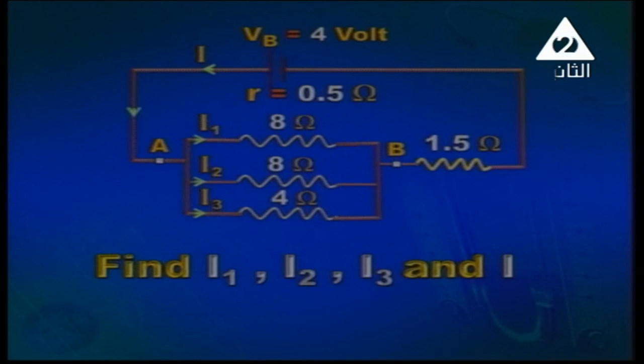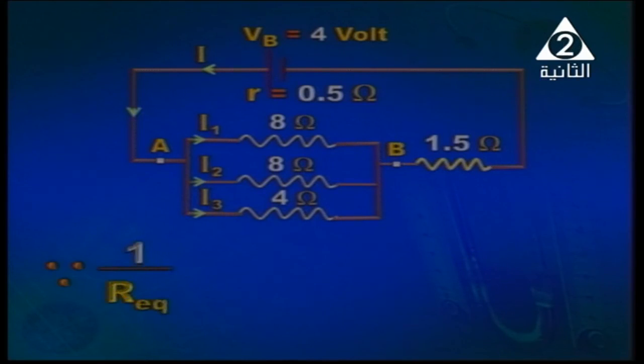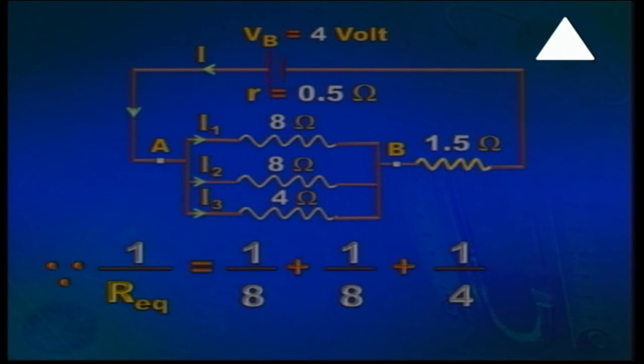So the first step here is to calculate the total resistance. First of all, we'll calculate R equivalent of the parallel group. 1 over R equivalent is 1 over 8 plus 1 over 8 plus 1 over 4, which is equal to 1 over 2.